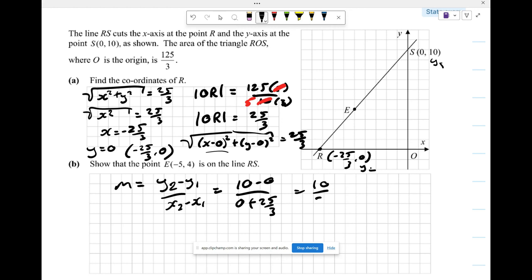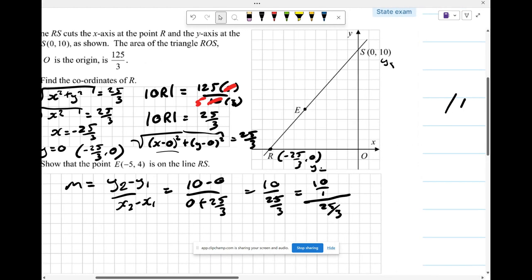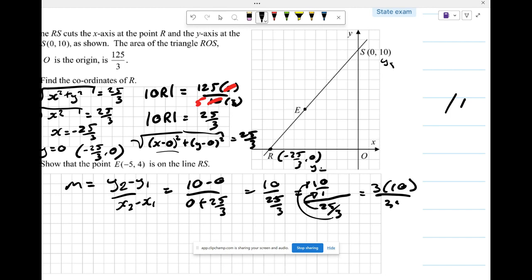So that's 10 over 25 over 3, so that's 10 over 1 over 25 over 3. So this one goes all the way to the top, and this one only goes halfway, so that's 3 times 10 over 25 times 1, so that's 30 over 25.